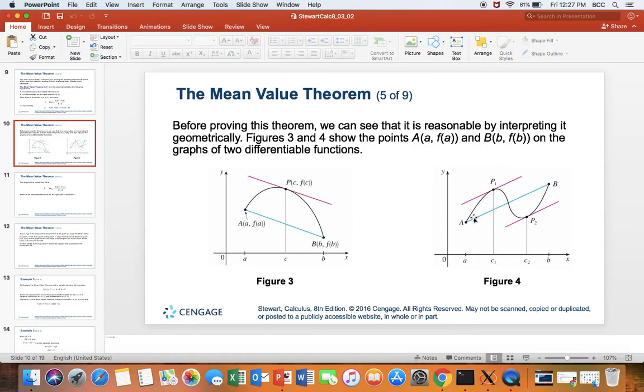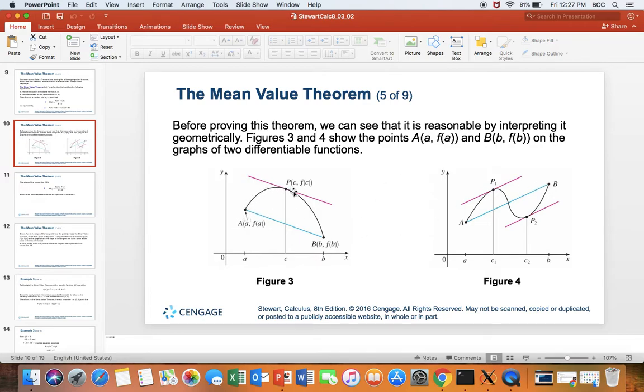In other words, the slope of the tangent is equal to the slope of the line segment joining the end points. All right, so what does the mean value theorem say?